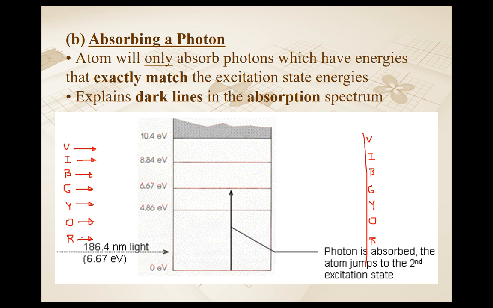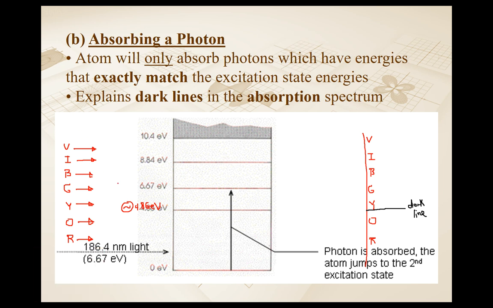Now, if I fire this full wavelength range of continuous spectrum of color photons, only a few are going to get absorbed. So this photon here, the one that corresponds exactly to a photon energy of 4.86 electron volts, that guy gets absorbed. What that's going to do is, because this guy gets absorbed, this is going to translate to a missing line on your continuous spectrum.